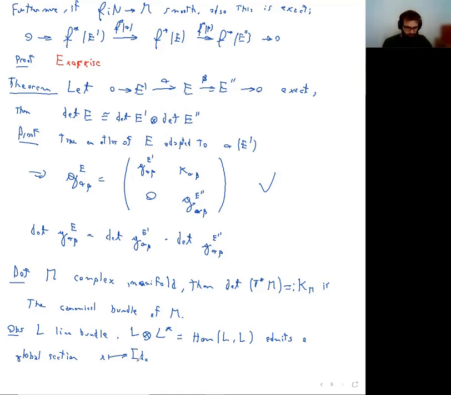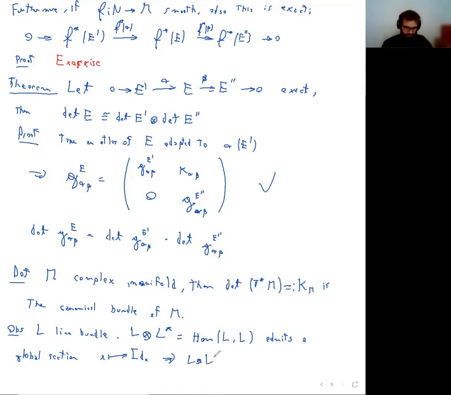But we know that if a vector bundle admits a nowhere zero global section, then it is trivial, because this is rank 1, right? This is nowhere zero and dimension 1, so it's trivial.